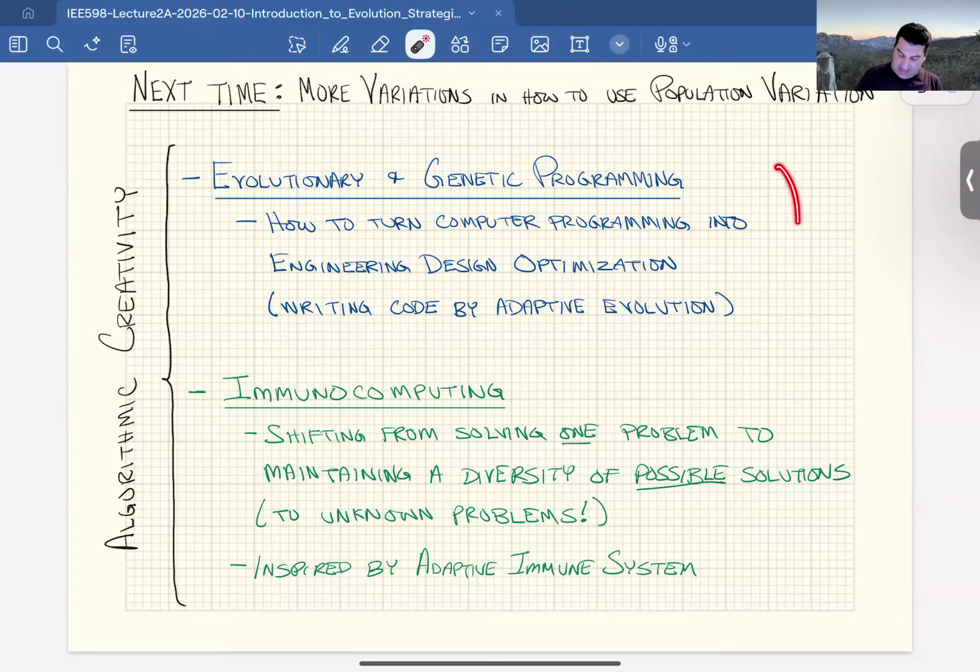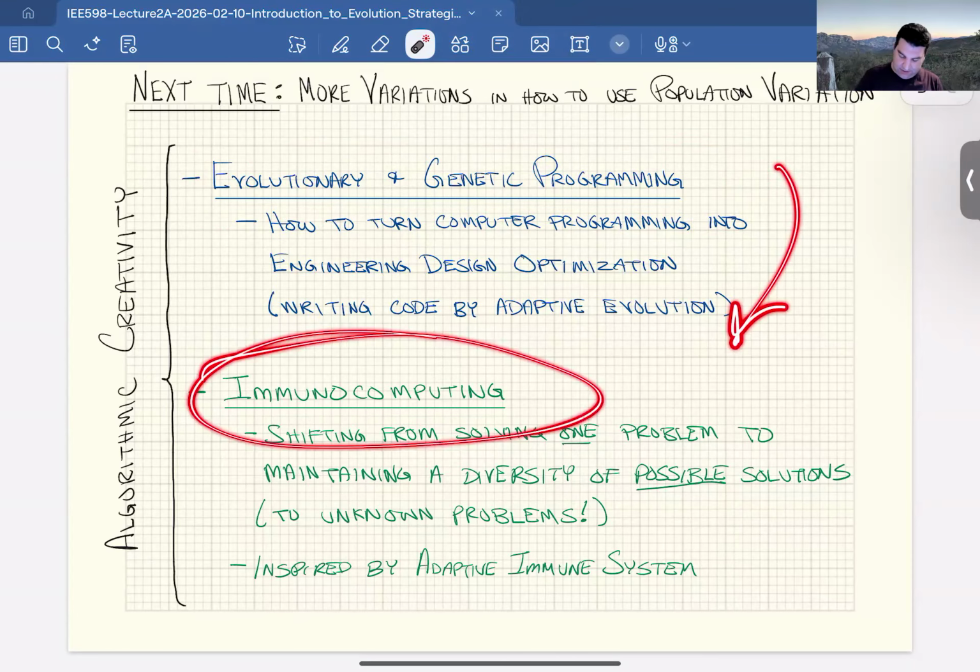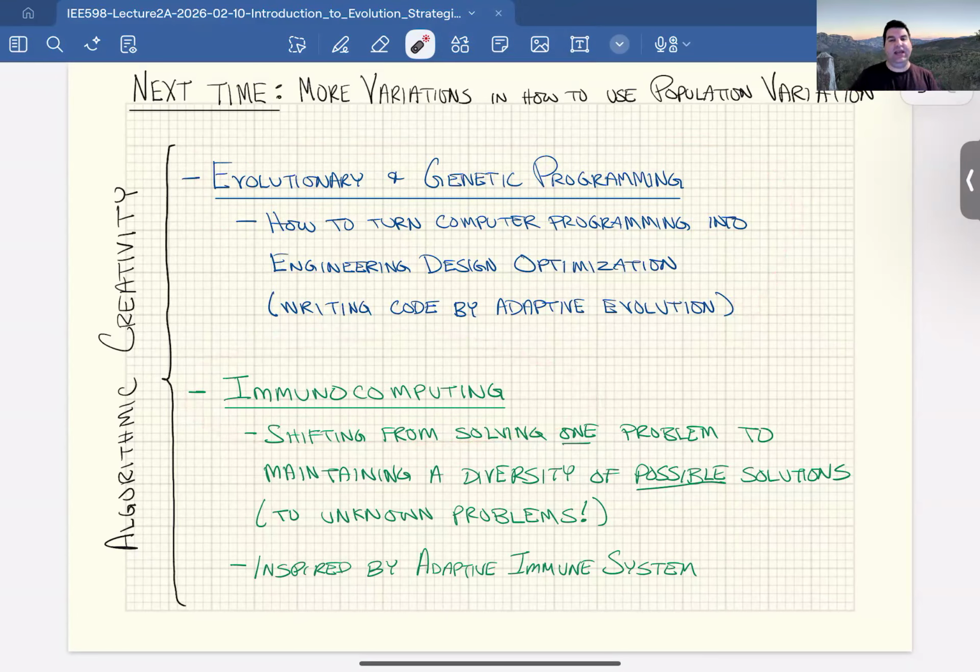And then after that, we'll go into immunocomputing, where we get rid of a single objective and instead shift to solving the problem of maintaining a diversity of possible solutions. These will end up being possible classifiers for effectively unknown problems or unknown threats. This will be inspired by the adaptive immune system, which itself uses evolutionary approaches, but not from a generational perspective.